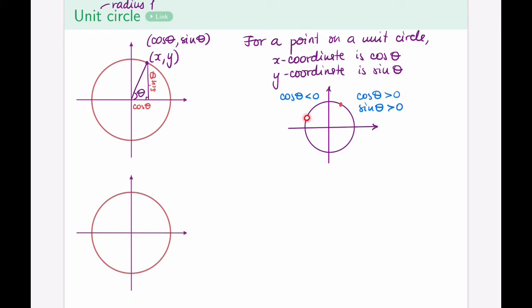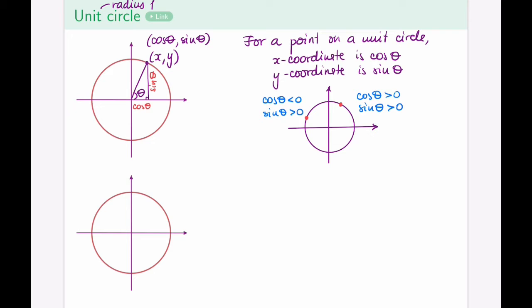And then, of course, thinking about the y coordinate, this is above the x-axis, so the y coordinate will be positive, and the y coordinate is the sine, which means that in the second quadrant, sine is still positive. You can go through the other two quadrants in a similar fashion to discover that both sine and cosine are negative here, and cosine will be positive here, but sine will be negative here.